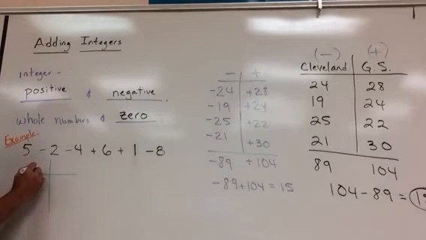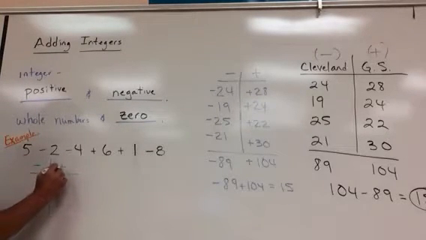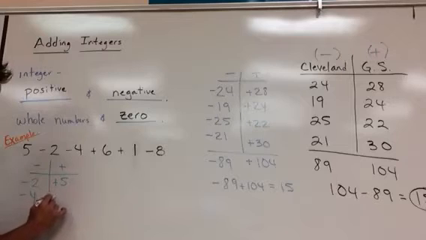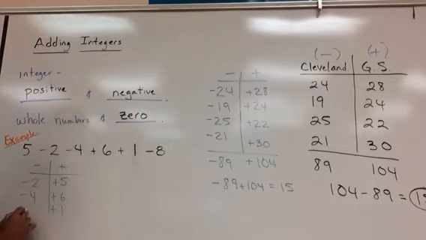We have our negative numbers here, and our positive numbers there. So 5, what does that go under? That goes under a positive. 2, negative. 4, negative. 6, positive. 1, positive. 8, negative.